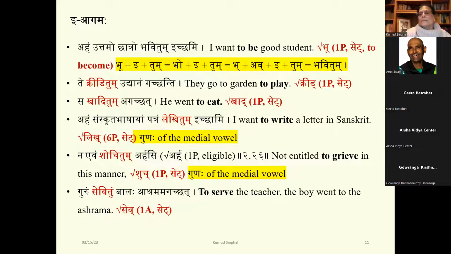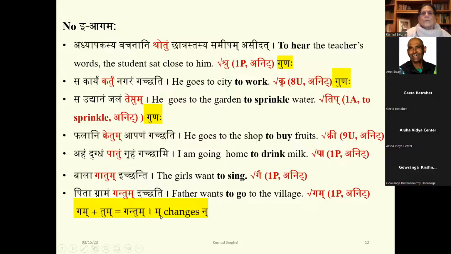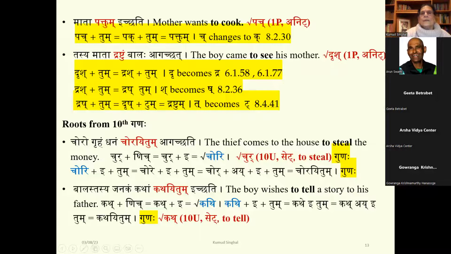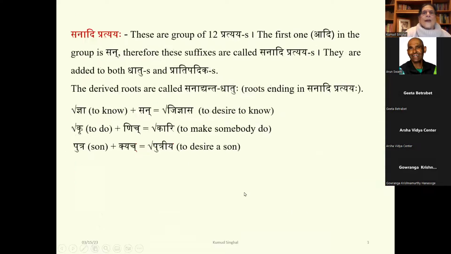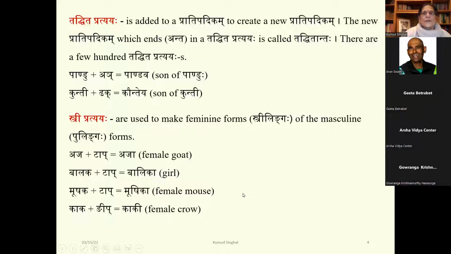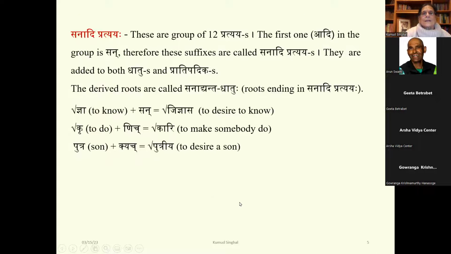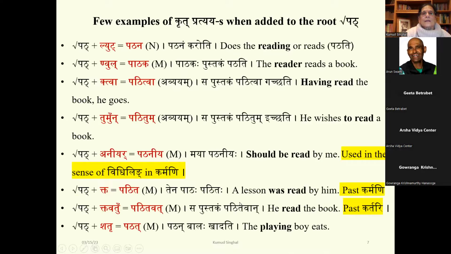I wanted to understand why that modification happened. Actually, go to the next slide. Maybe it will come on the next slide. One second. This one? No, not that one. That one I understood, that's a guna. Okay, why don't I go from the beginning? So yeah, this is all straightforward. Yeah, it's all fine.